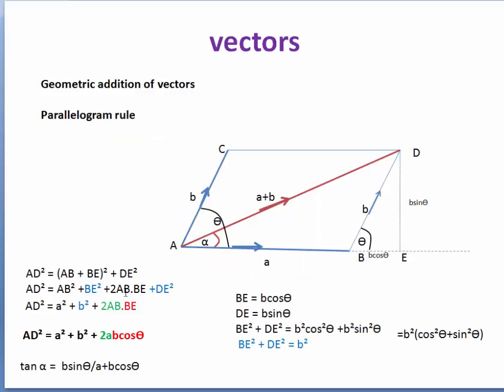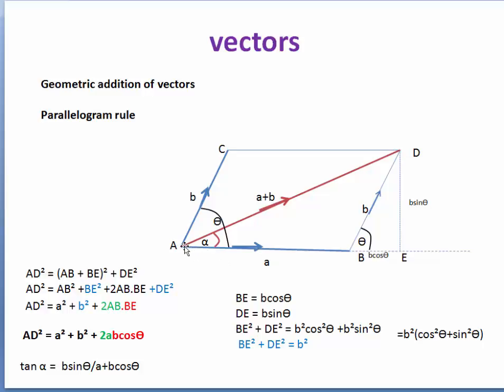Another way of thinking about the parallelogram rule, let's just go through that and get another equation for that using this total angle theta between vectors B and A. In this parallelogram, we extend the line to a point E, and drop a vertical line from this D to form another little triangle here.